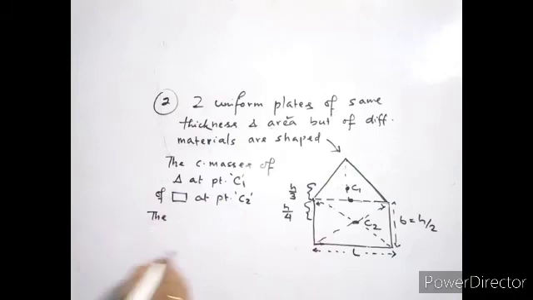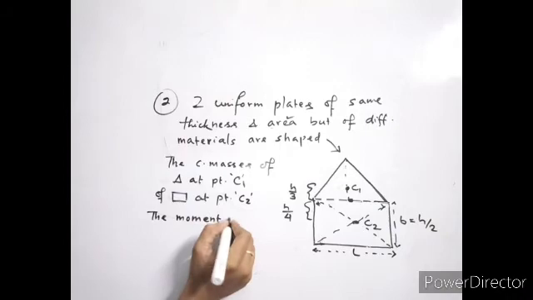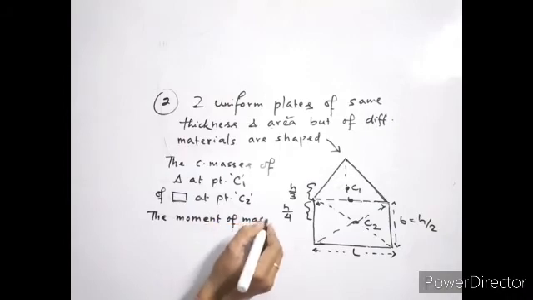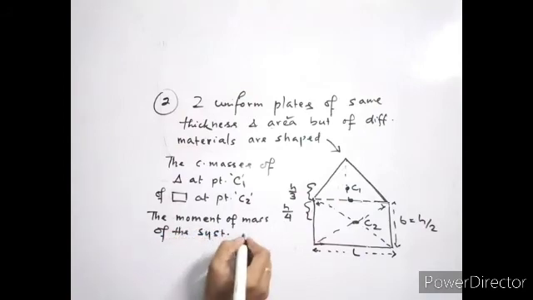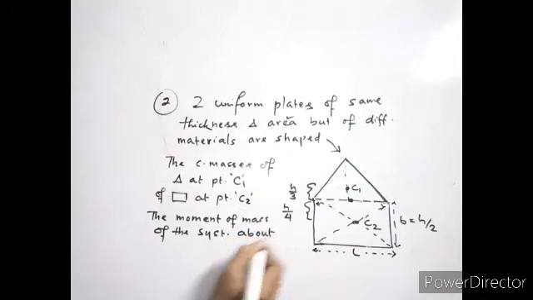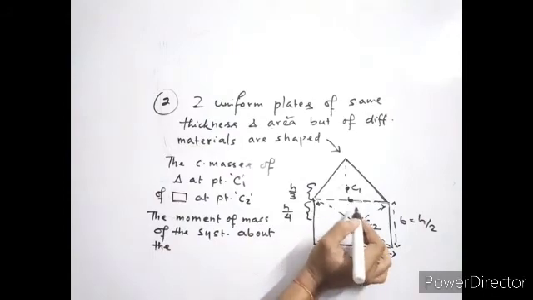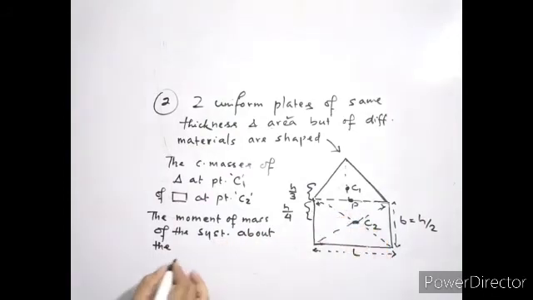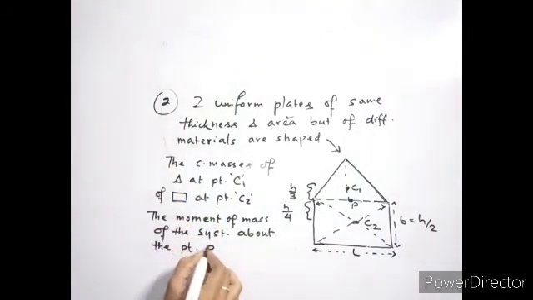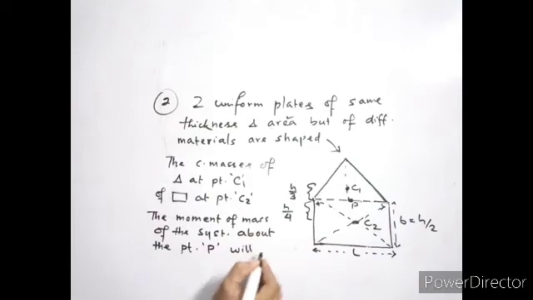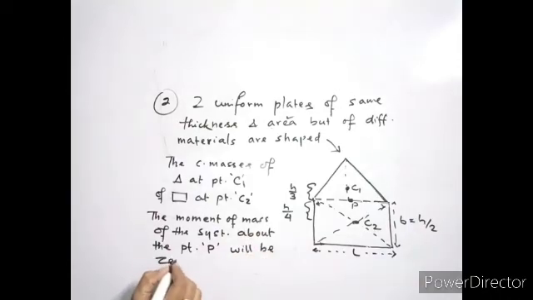Now as we can see, the midpoint lies along the line of C1 and C2, so the moment of mass of the system about that midpoint of the common side, that point, let it be P, will be equal to 0.